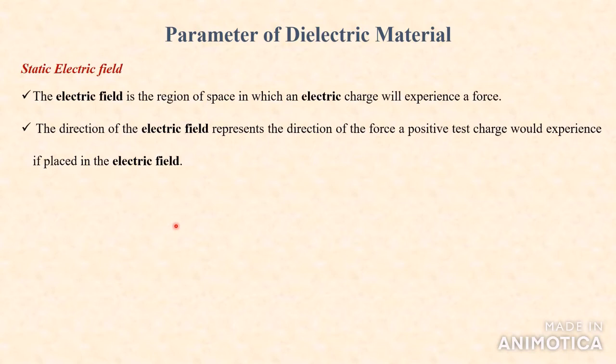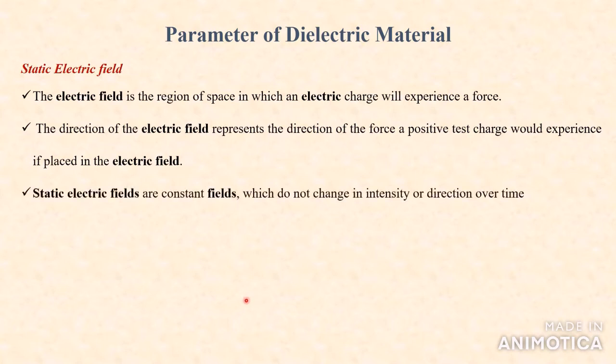Say, for example, we are considering two charges Q1 and Q2. Q1 is already placed in one place, so it will have its own electric field. Suppose Q2 is brought near Q1, Q2 will experience a force due to Q1. That force may be an attractive force or a repulsive force depending upon the charges, whether they are like charges or unlike charges. The direction of the electric field represents the direction of the force on a positive charge.